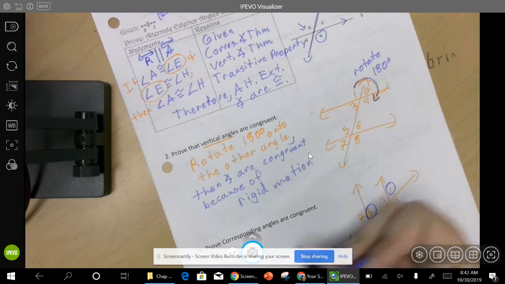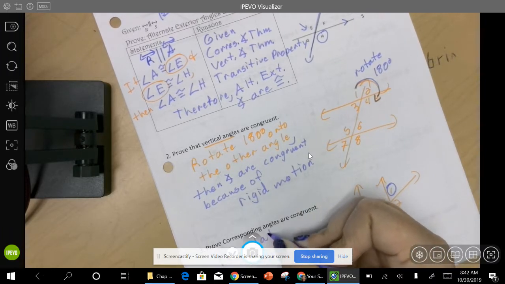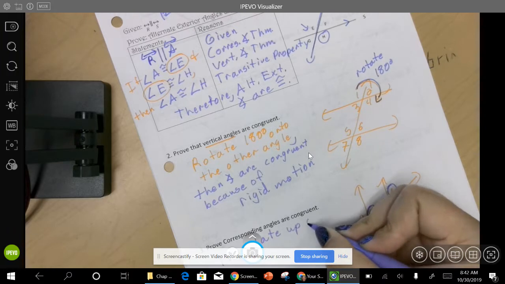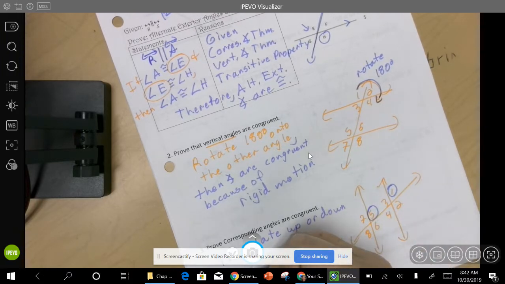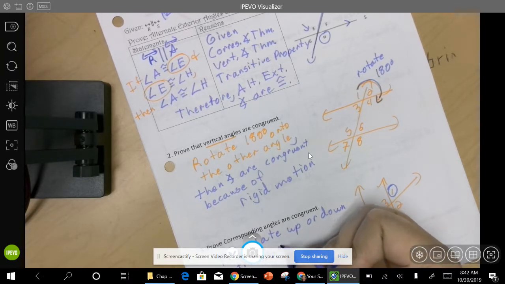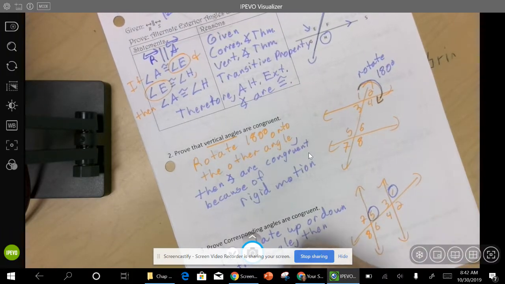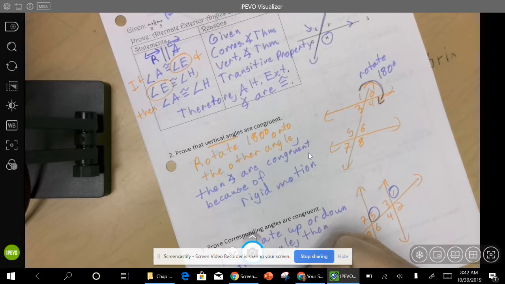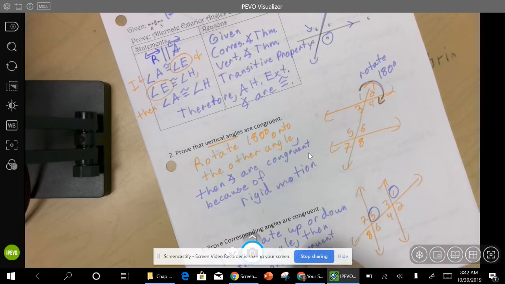Everybody remember, because we can translate up or down to the other angle, and then write out the word angle. Then the angles are congruent because of rigid motion.